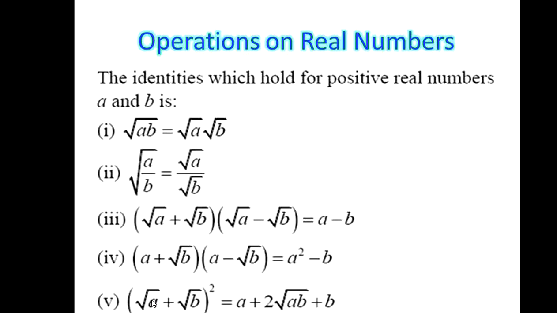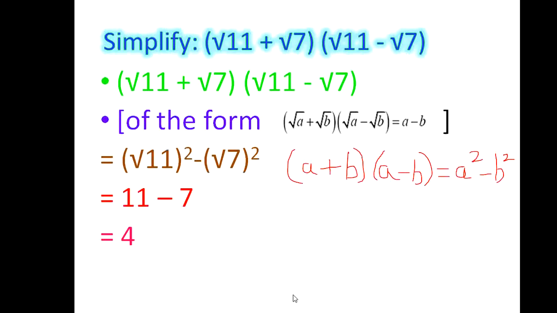For that algebraic identity you will get the answer a square plus b square plus 2ab. Since here it is in square root, you will get a plus 2 square root of ab plus b. For better understanding I have given some solved problems here. So with this you can understand in a better way.